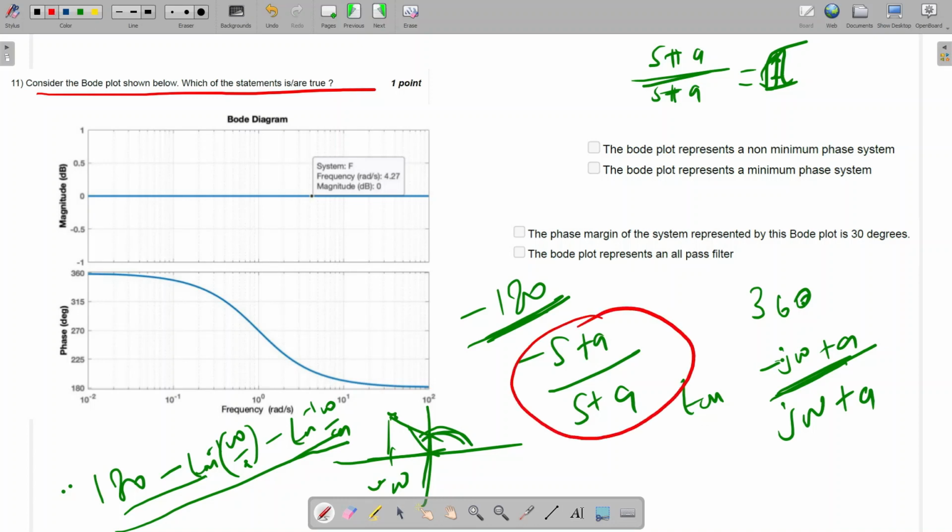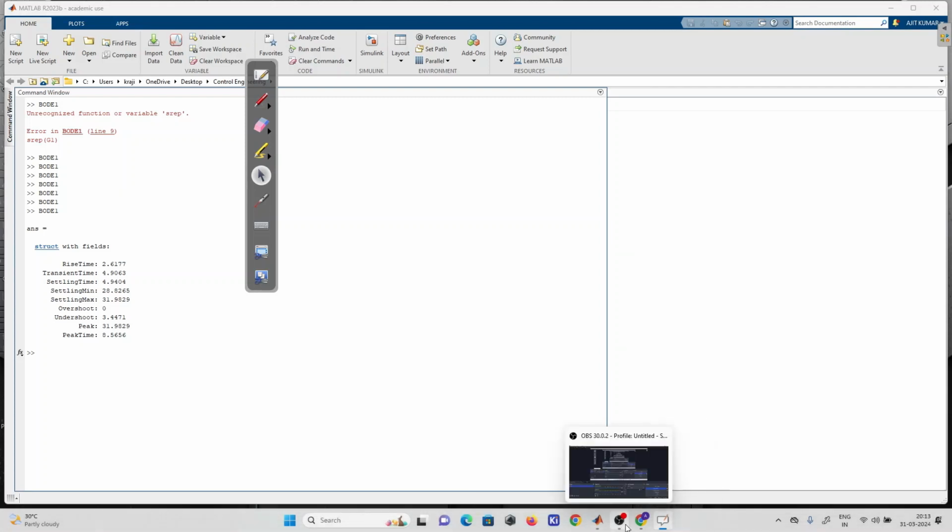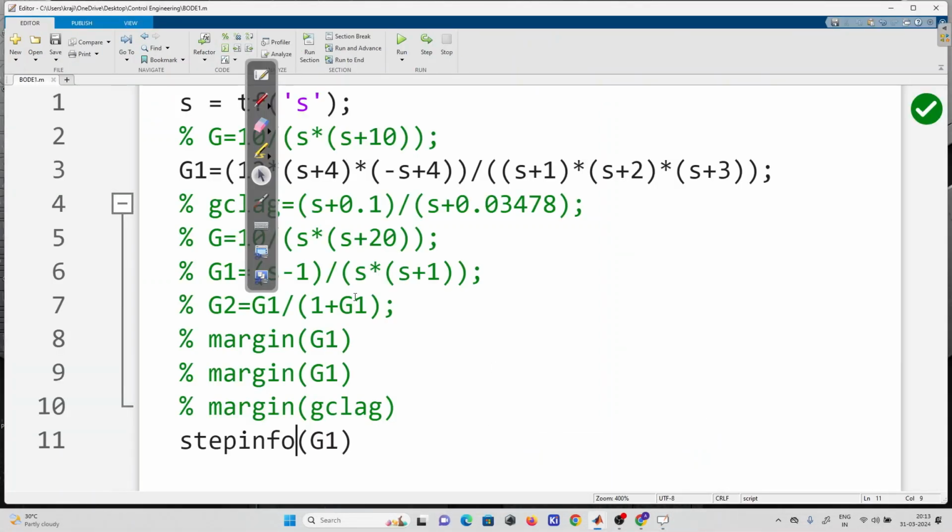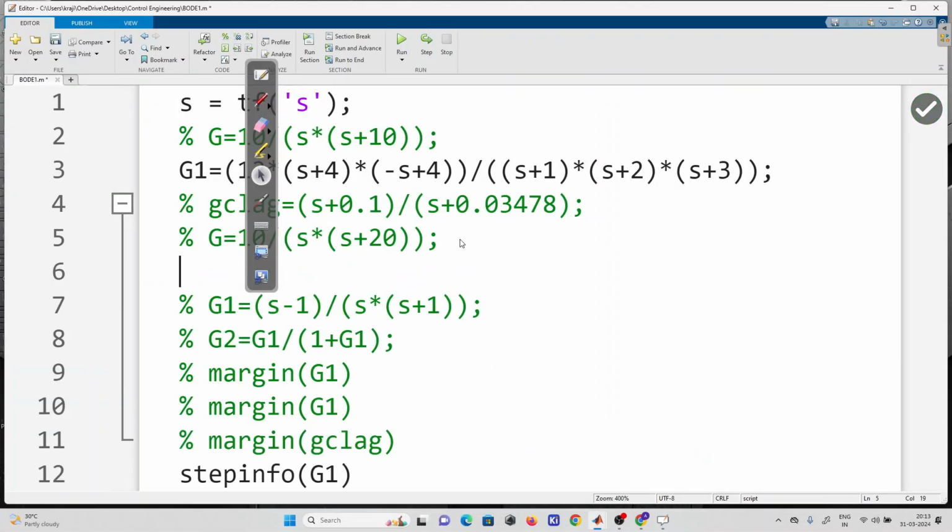Okay. So let's plot a Bode plot for minus s plus 1 divided by s plus 1. We'll see the Bode plot in MATLAB.